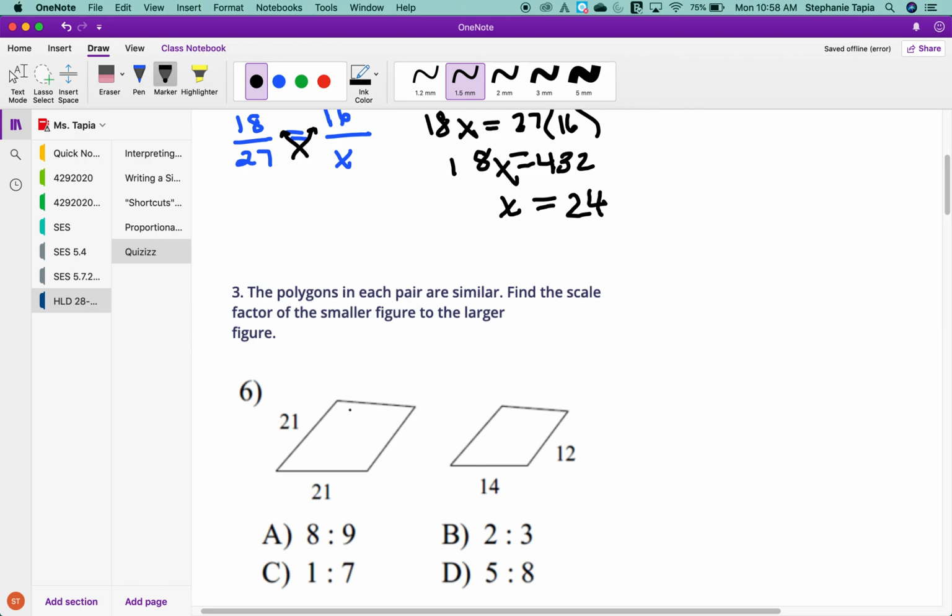So just know that whichever figure you're putting on the top is the figure that you are saying is first. So for example, the scale factor of the smaller figure to the larger figure. So in this case, the smaller figure would go on top and the larger figure would go on the bottom.